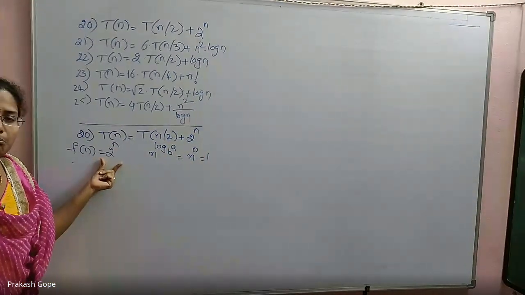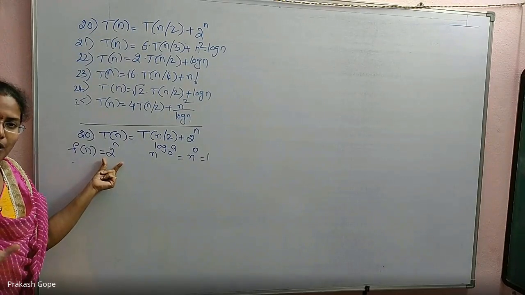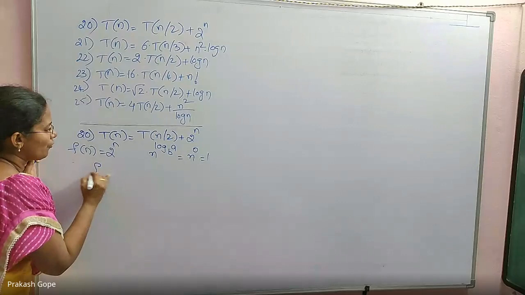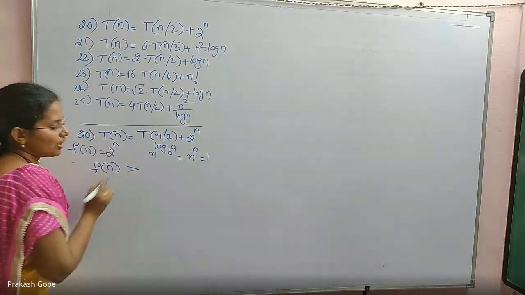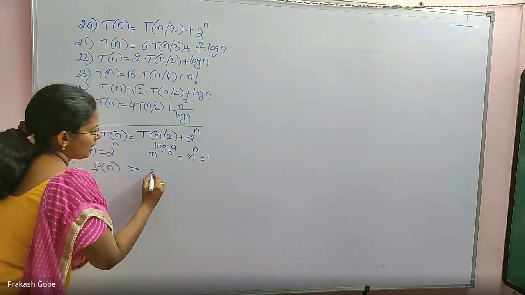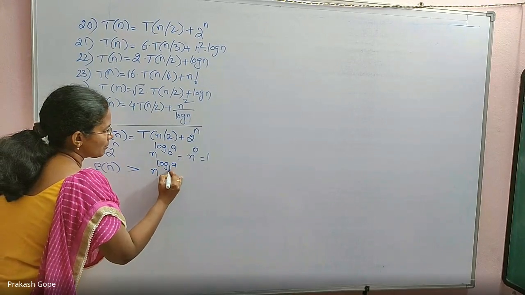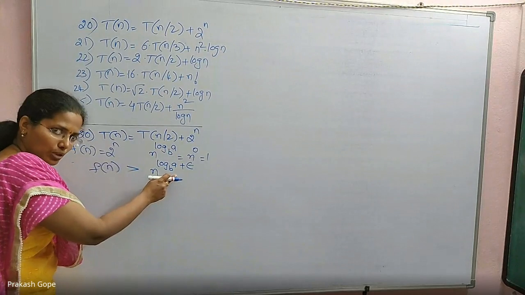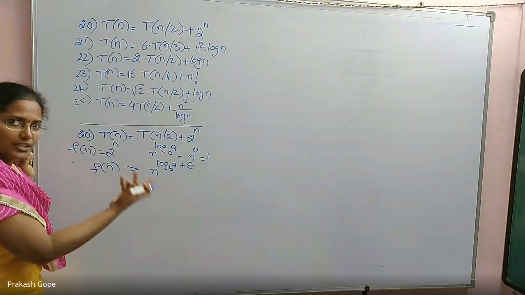But this is much greater than n square, n cube, n power 4. Correct? Which means f of n is much greater than n power log a to the base b plus epsilon. Even if you add some value to the power, still f of n is greater.